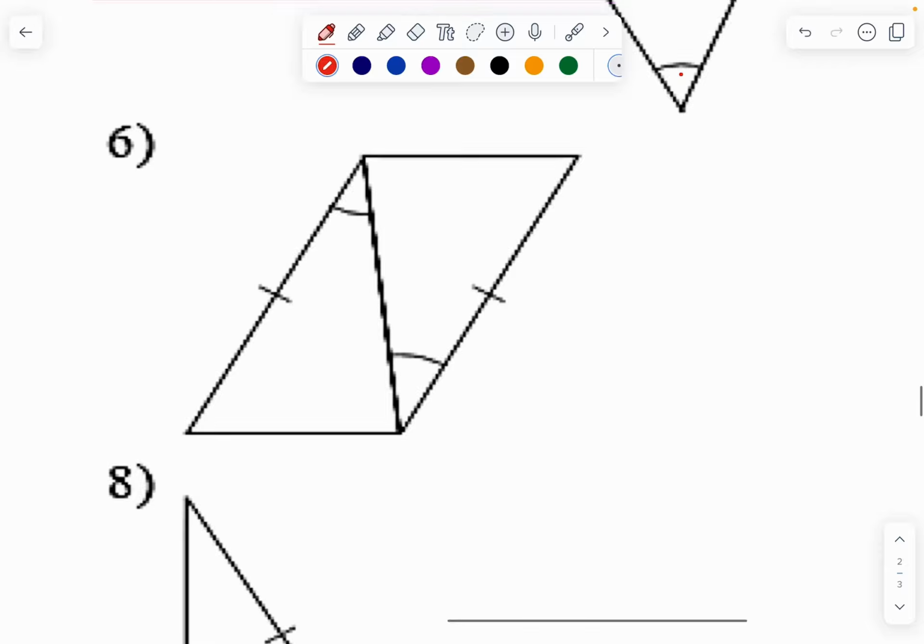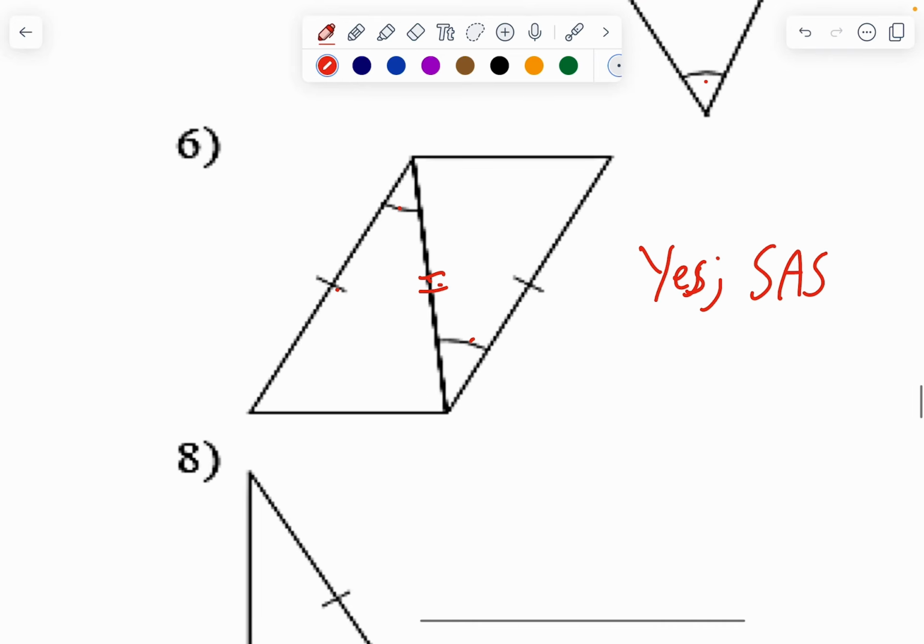Number 6, another one. Another shared side right over here. That's a shared side, an angle right over there, and another side right over there. Side, angle, side. That is one of the categories. So these two triangles are congruent because of side, angle, side.